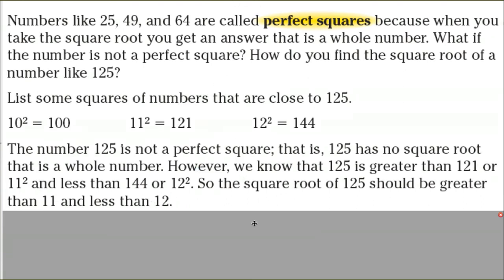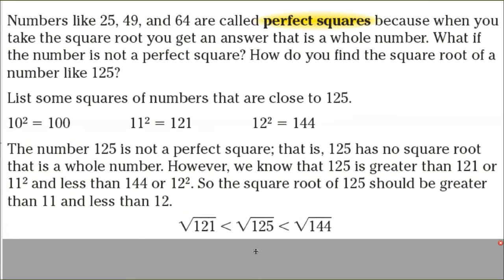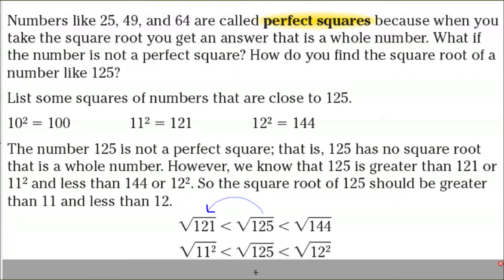Now how do you know which is which? We know that 125 is greater than 121 but less than 144. But if you notice, 125 is closer to 121. It's a lot closer to 121 than 144. So what does that mean?